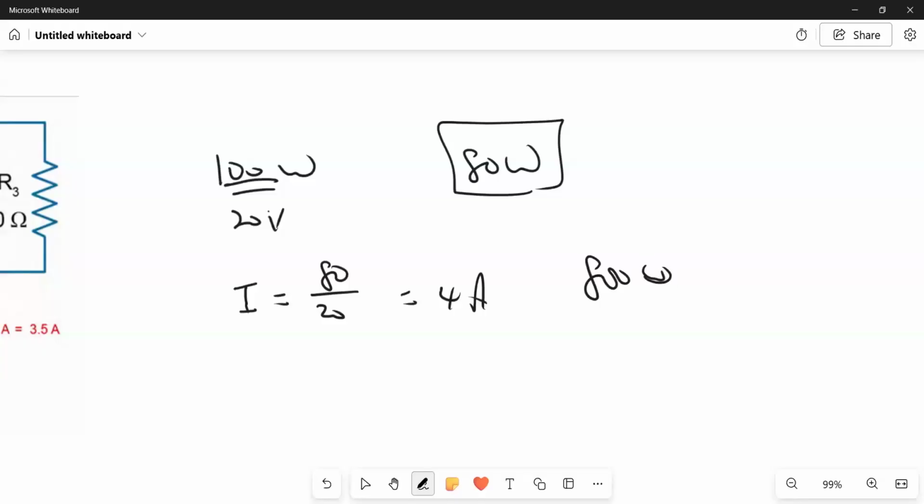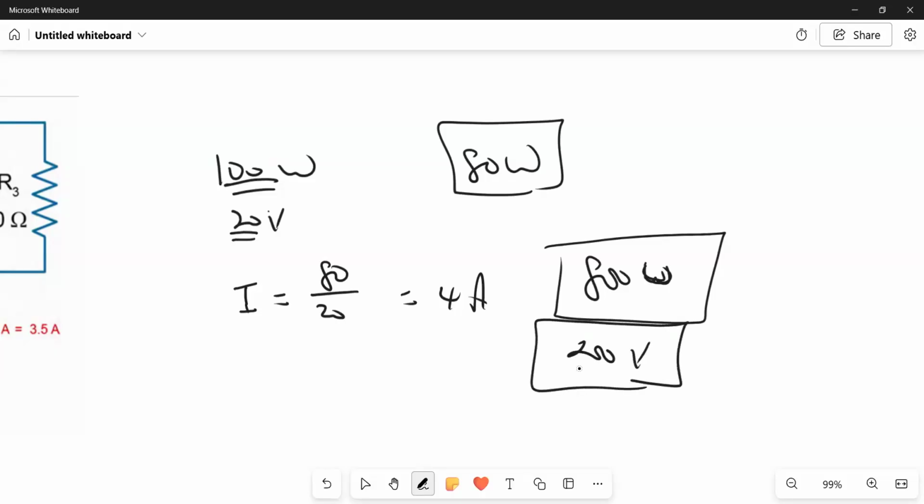And 20 volts times 10 gives 200 volts. So this array is going to have 200 volts now.